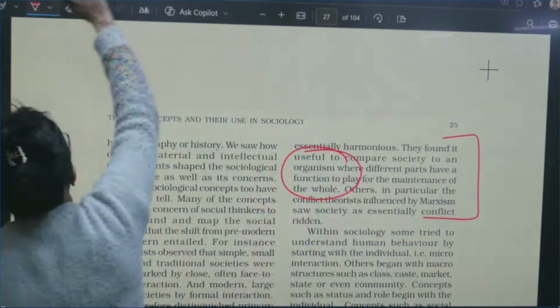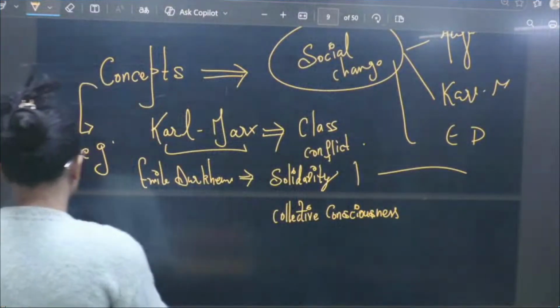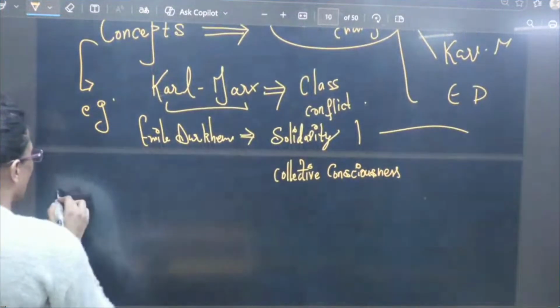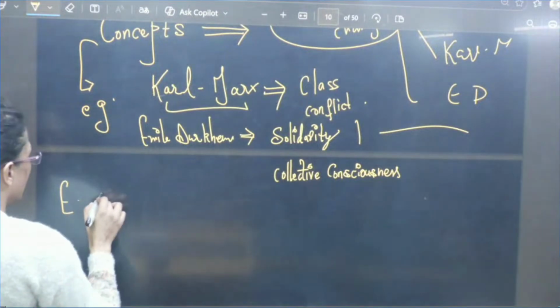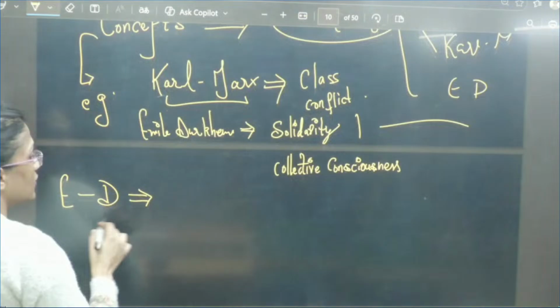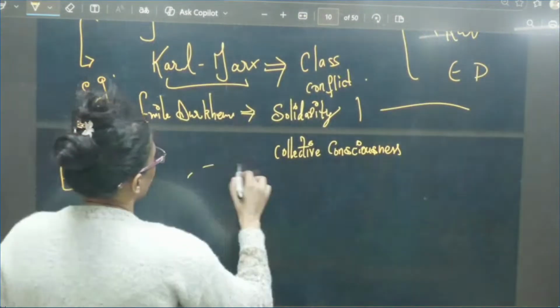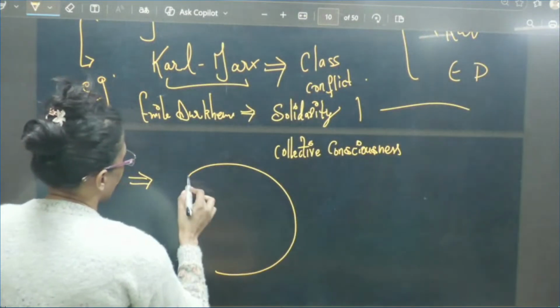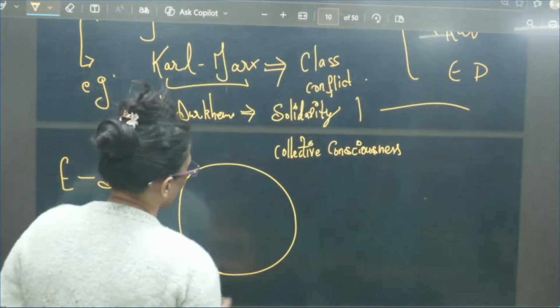Now I'm explaining the concepts to you. Emile Durkheim basically gave this concept or theory that society is just like a living organism.